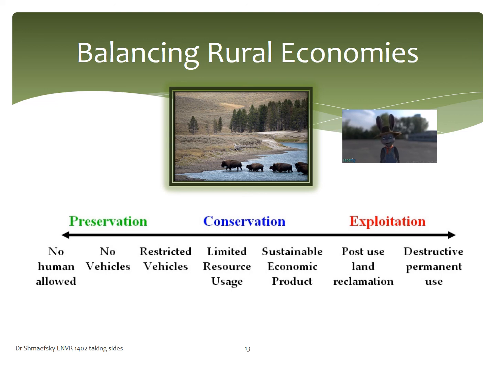And then we have conservation, where we can take resources like minerals, trees, and petrol out, and it also encourages sustainable economic products that we can regrow and maintain that rural area or wilderness area. And then we can look at the exploitation mode, or what we call the developmental mode, which recognizes wilderness areas for reclamation.